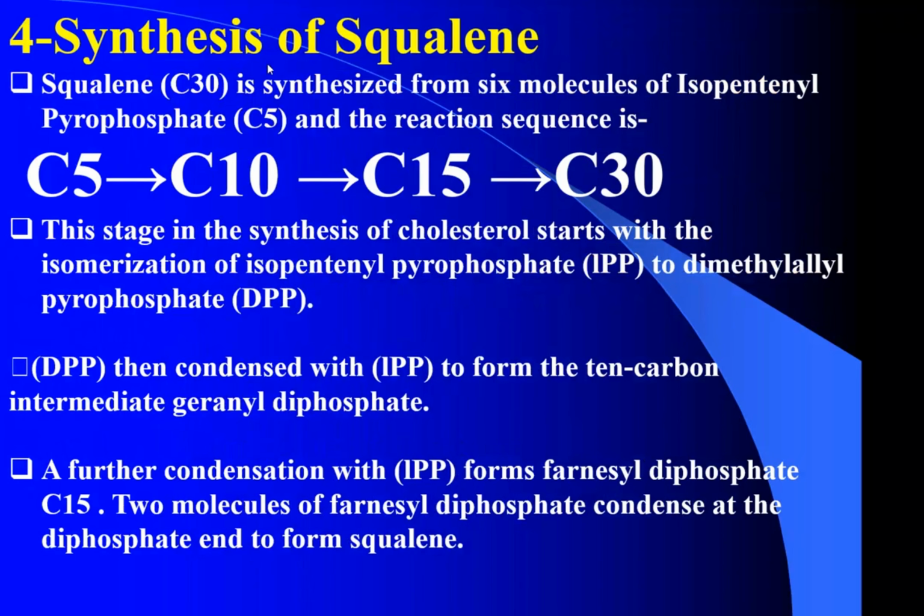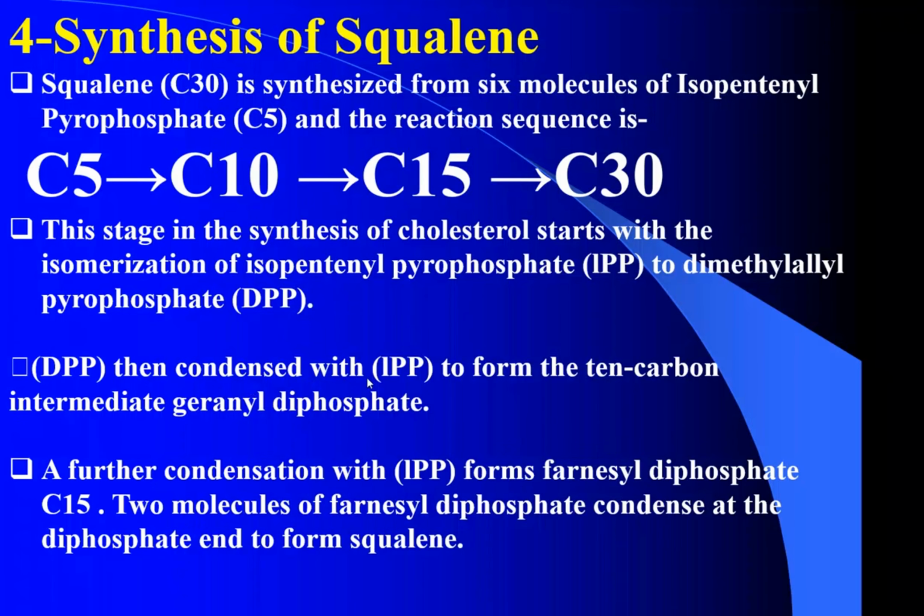Now in step number 4, synthesis of squalene. How is squalene formed? Squalene has 30 carbons. We already know that the 5-carbon units were synthesized through the previous steps. So carbon 5 will convert to carbon 10, then carbon 15, and in this way carbon 30 will be formed. This stage of cholesterol synthesis starts with the isomerization of IPP to DPP.